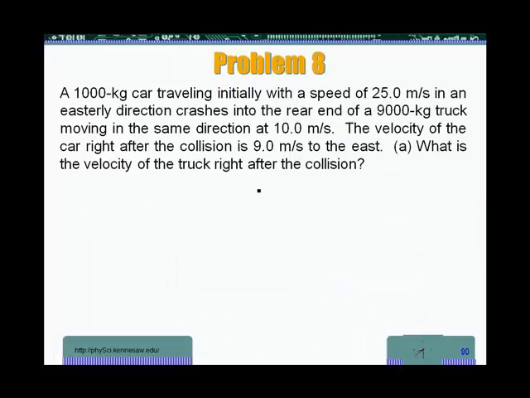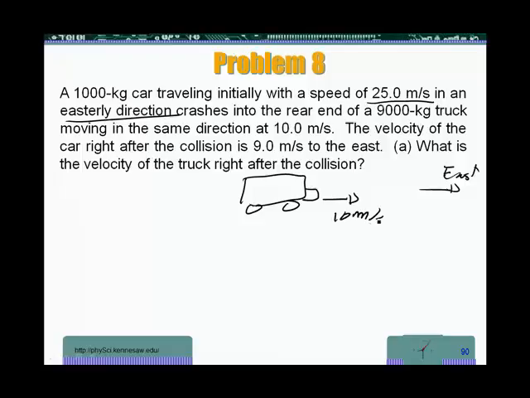Okay. Now, this is another question. We have a car that is moving with an initial speed of 25 meters per second towards the east. So let's call this the east. Okay, and we have a truck that's moving at 10 meters per second this way.